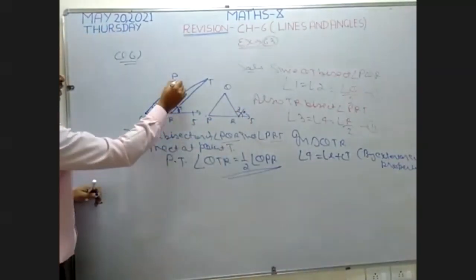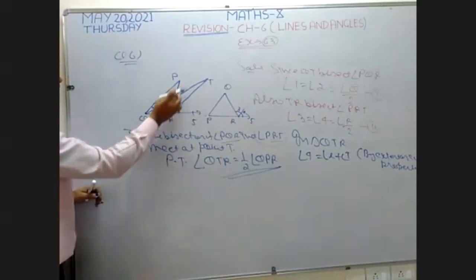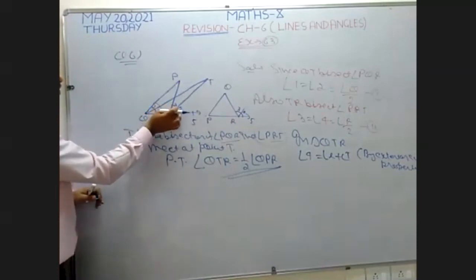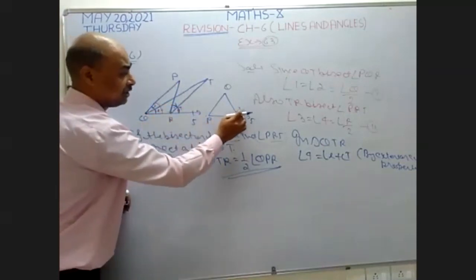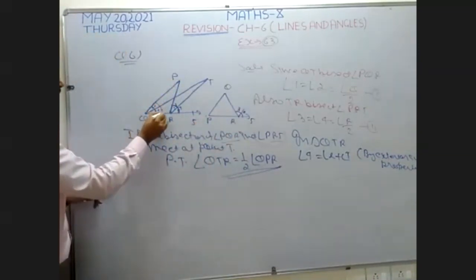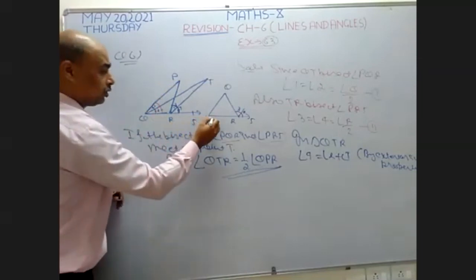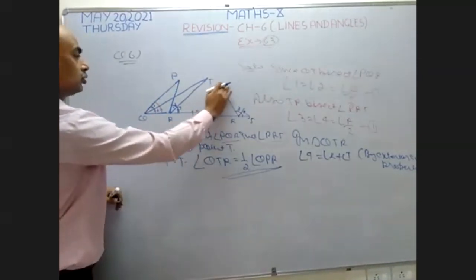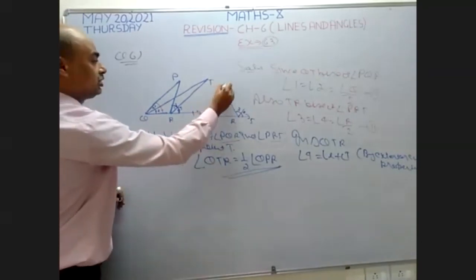So I take both angle 3 and 4. Similarly, in the interior, I want to mark the angles at Q. Sorry, I wrote the wrong name. This is PQR.